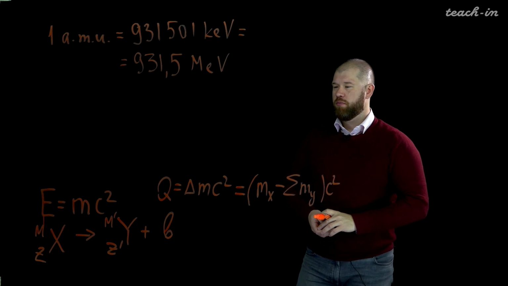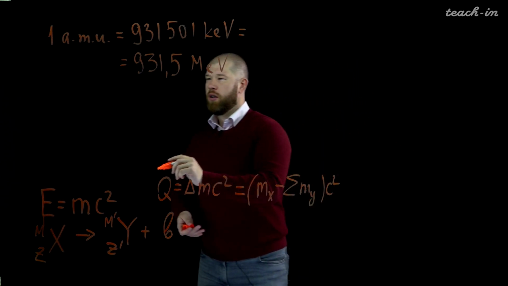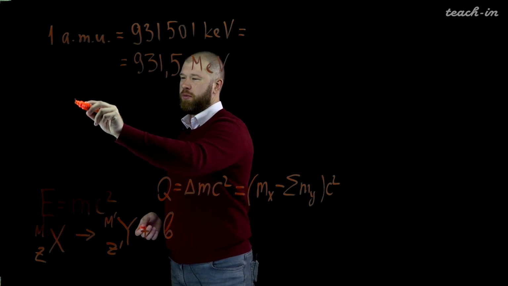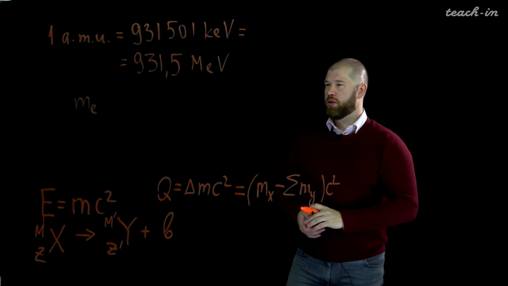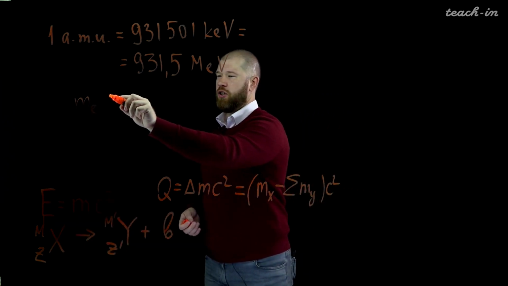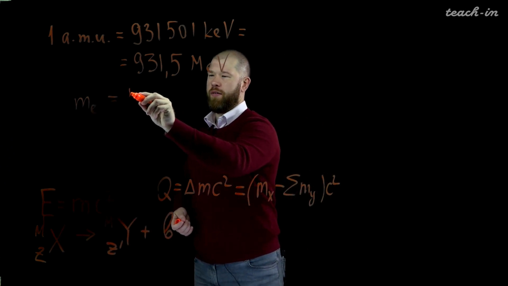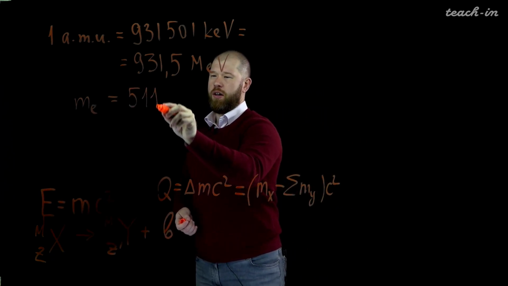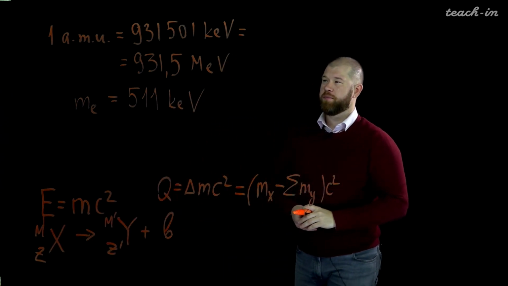And another useful unit that we will use many times, it is mass of one electron. That is also expressed in energy units. It will be equal to 511 kilo electron volts.